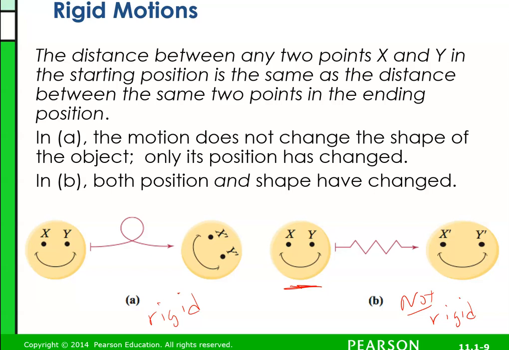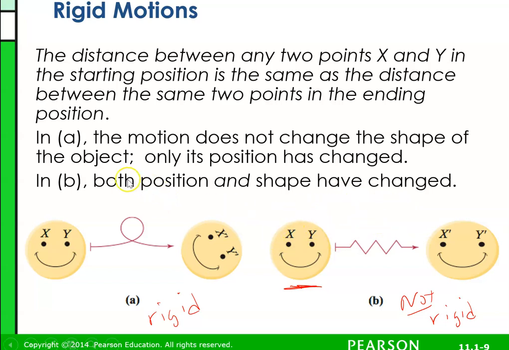The distance between any two points, they highlighted the eyes here, the distance between x and x prime is not changed. The distance between x and x prime would be the same as the distance between y and y prime, which is not going to be the case over here. These distances are going to be different.